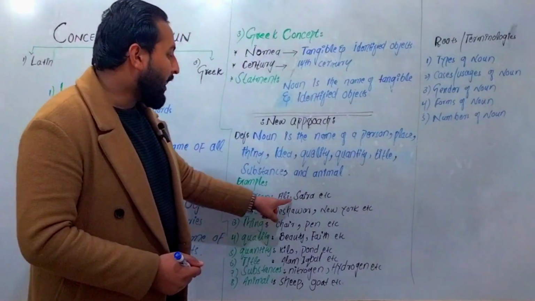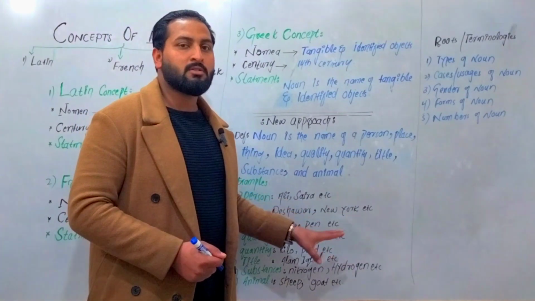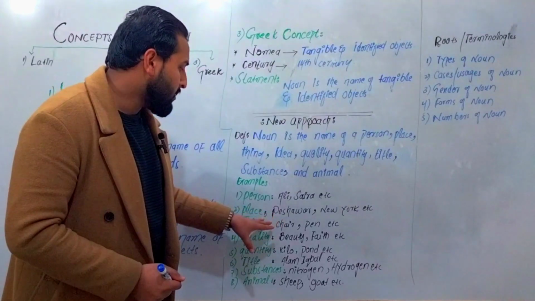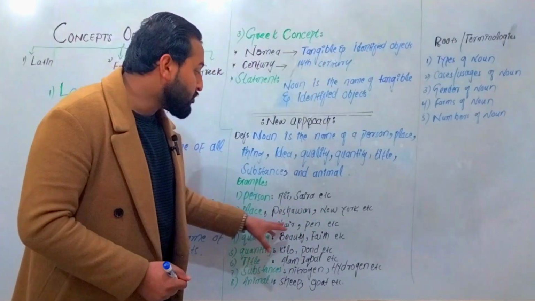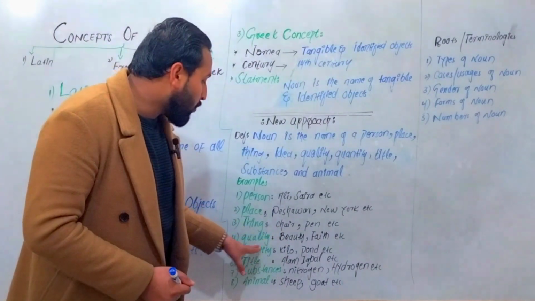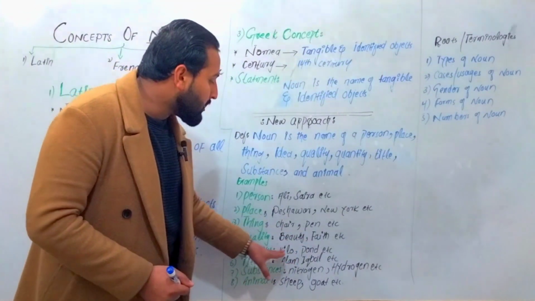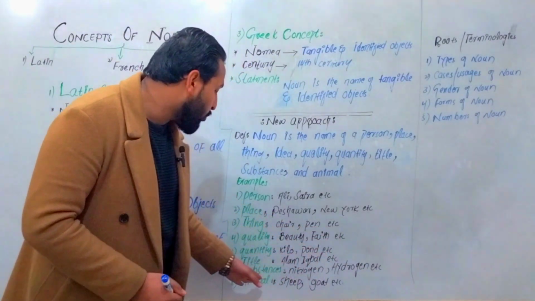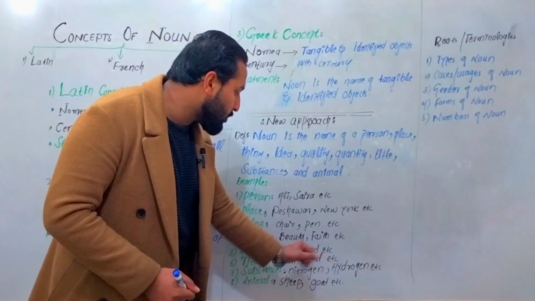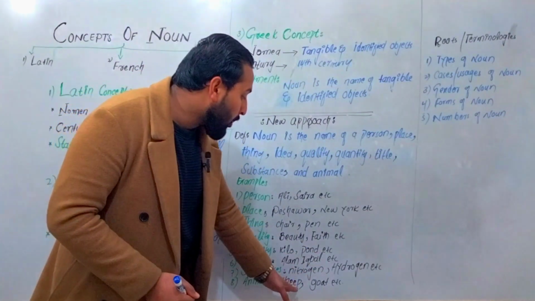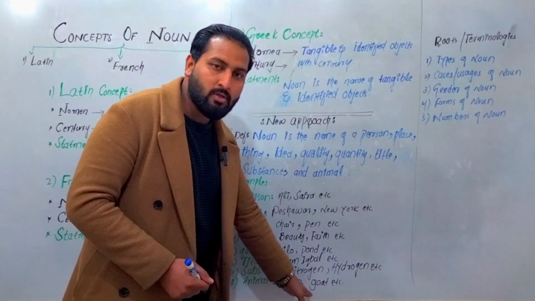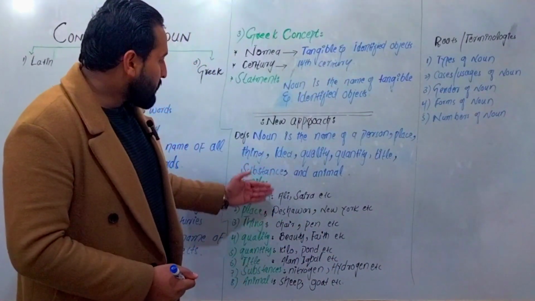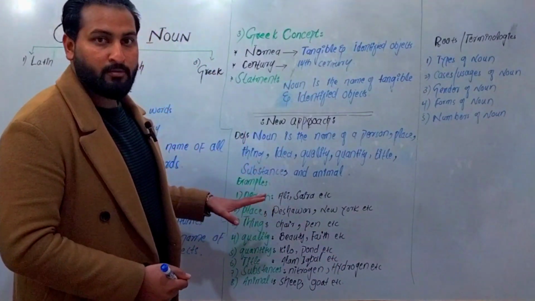Examples: person, अली, सायरा etc. पर्सन में हमारे साथ जितने भी शख्स है, ह्यूमन बींग्स, प्लेस, जगह, पेशावर, न्यूयॉर्क etc. थिंग, चेयर, पेन etc. नॉन लिविंग थिंग, क्वालिटी, ब्यूटी, फेथ, क्वांटिटी, किलो, पाउंड etc. टाइटल में अलामा इकबाल, द नॉलेज, इंटीमेशन and so on. Substances में nitrogen, hydrogen, and animal में cat, goat, sheep etc. Our idea में you can say kind, love etc. So that was the new approach of definition.